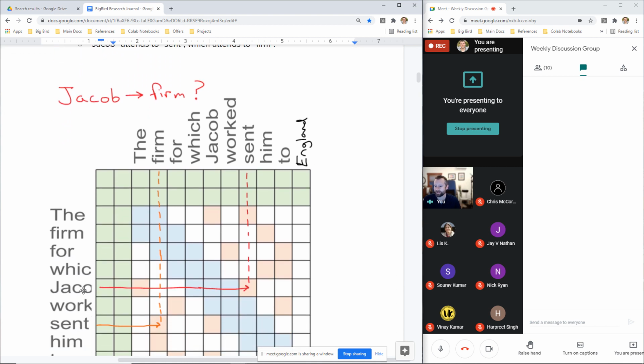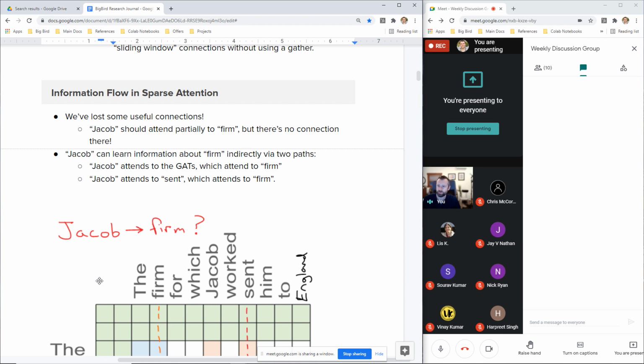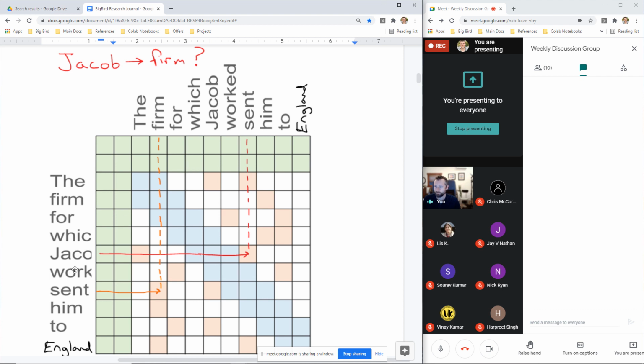So maybe a good example here is that it seems like the word Jacob should attend to the word firm. It probably needs to know a little bit about firm since Jacob works for the firm, but we've dropped the attention there. Jacob is not attending to firm. There's still a way, though, for the Jacob token to learn some information from the firm token, and it does that through multiple layers of the model.